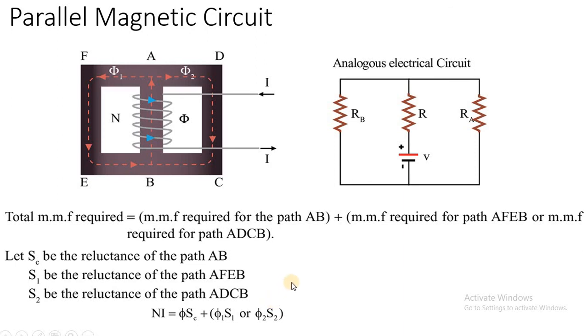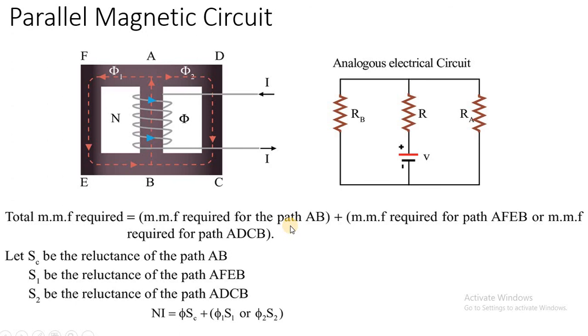In the MCQ exam, they will show you the figure and they may ask you that the flux will flow through dash number of different paths: 1, 2, 3 or 4. So you have to take 2, the first option.